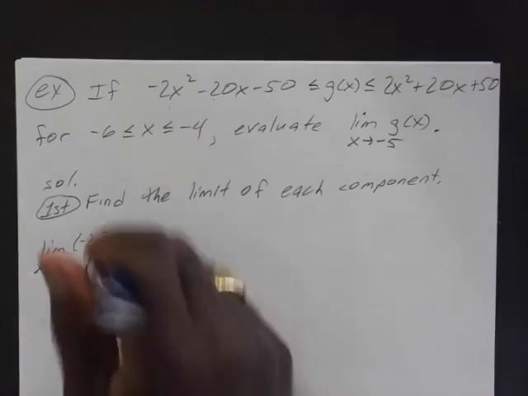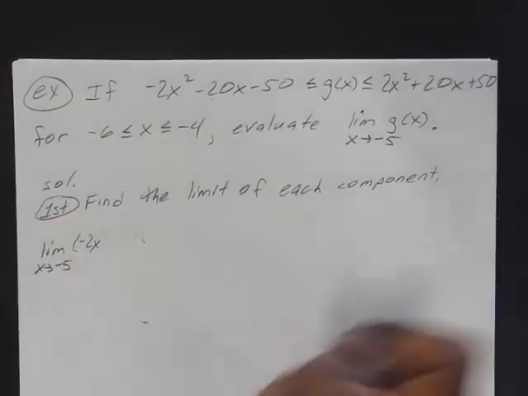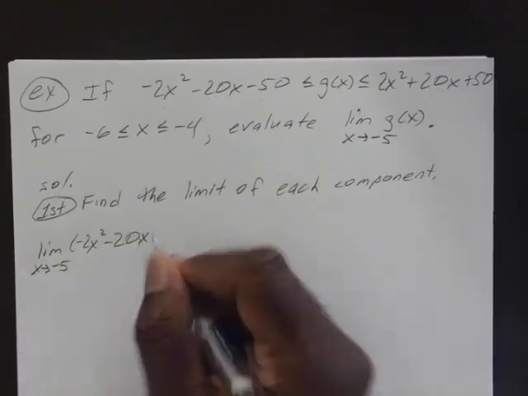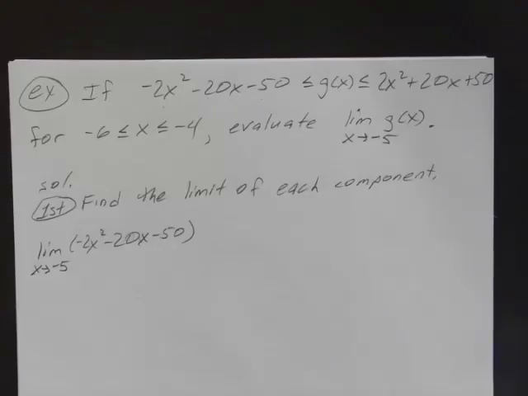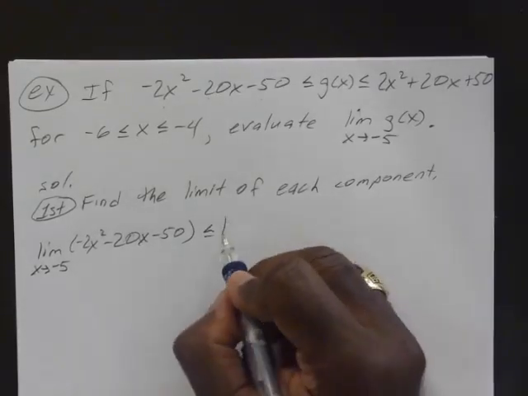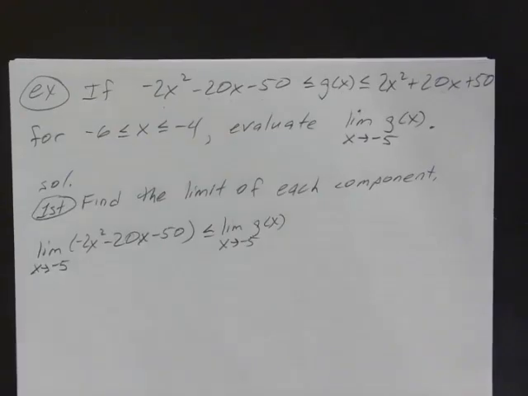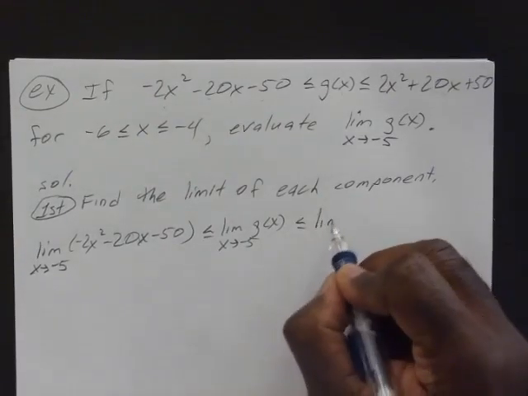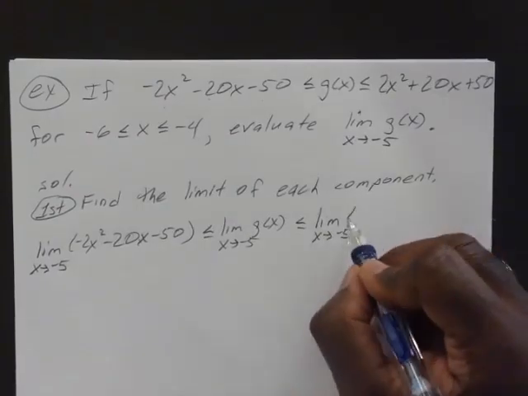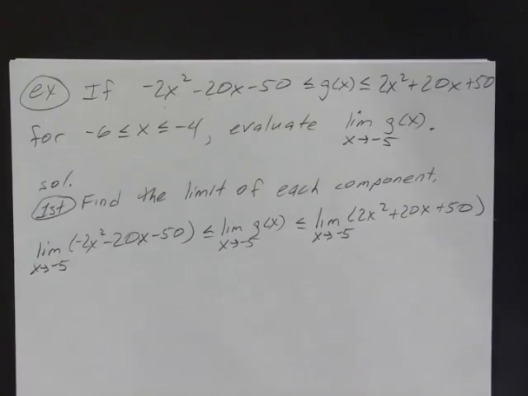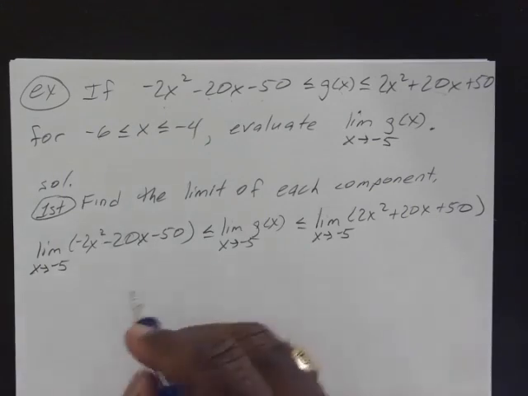I'm trying to write small to make sure I get everything on that line, but don't want it too congested. -2x squared minus 20x minus 50 is less than or equal to the limit of g of x as x approaches -5, which is less than or equal to the limit as x approaches -5 of 2x squared plus 20x plus 50. And then from there, you just apply direct substitution.